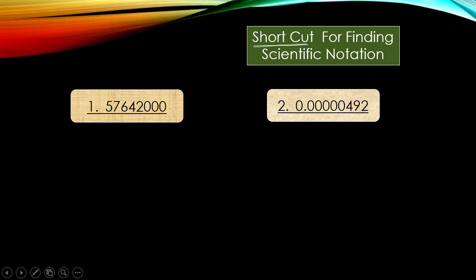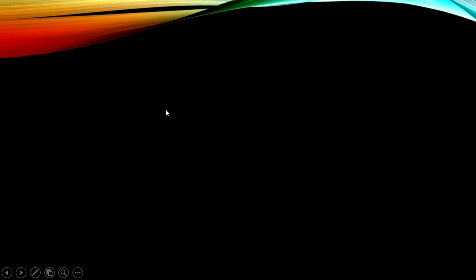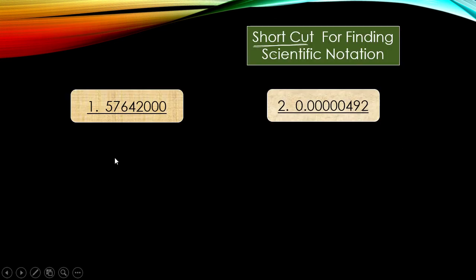Now we have solved the first example earlier. So what is the result we can see here? The result is 5.7642 multiplied by 10 raised by 7. This was the result we have seen.